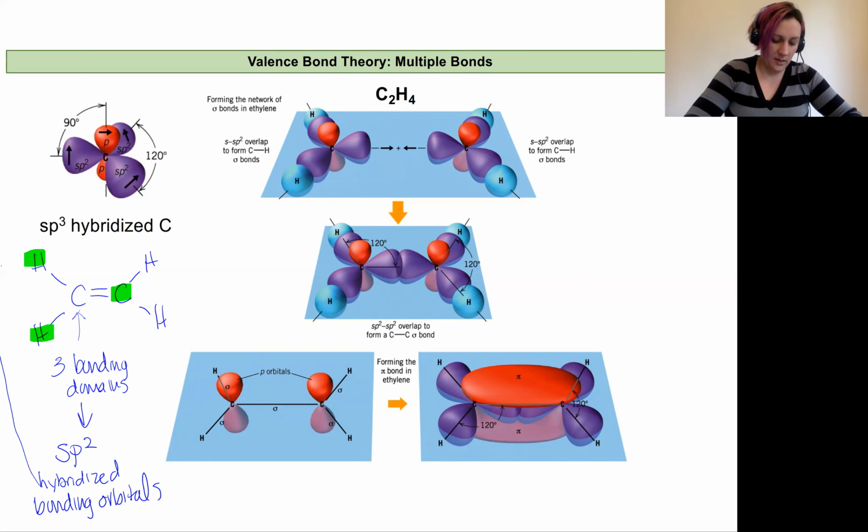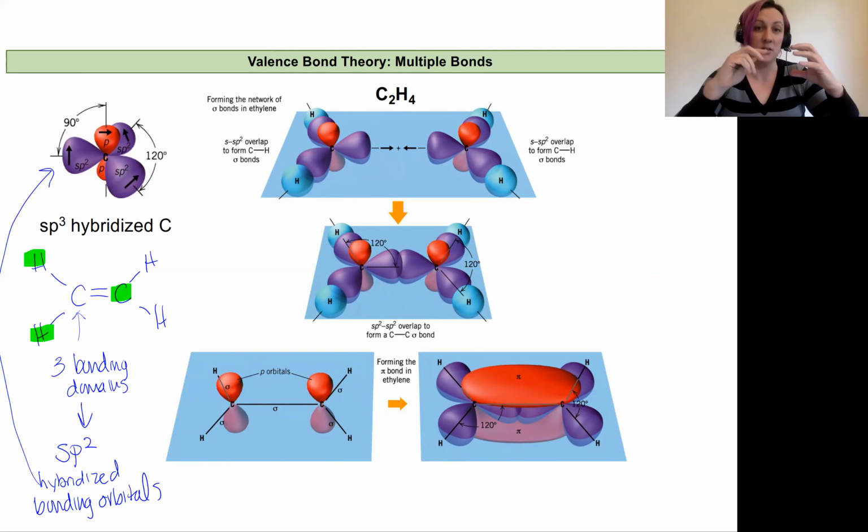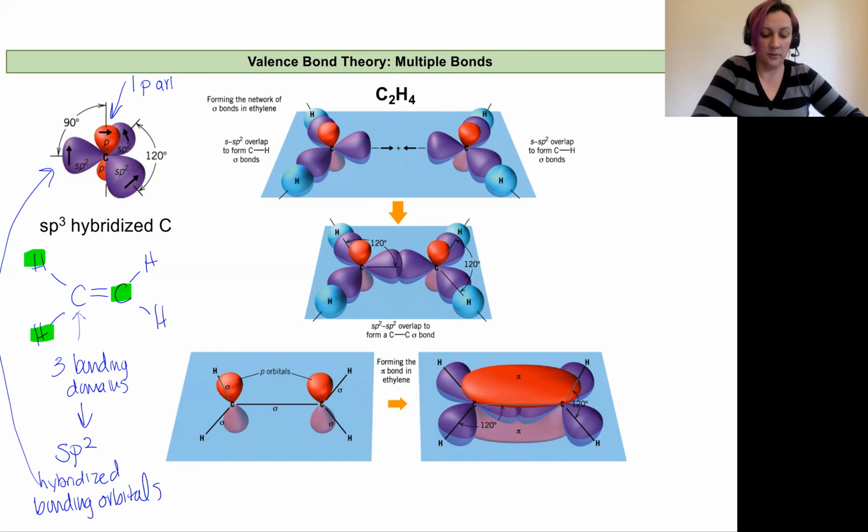And that's right here. So here's that picture of my sp2 hybridized carbon. So it takes 2 of the p orbitals and 1 of the s orbital, and combines them to form these 3 hybridized orbitals. And then what's left is the 1 p atomic orbital that's also present.